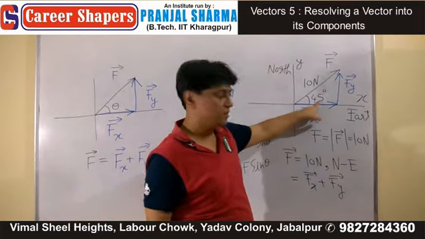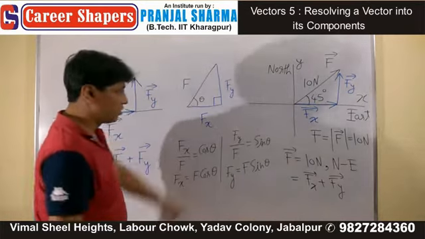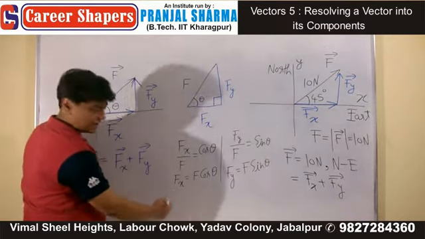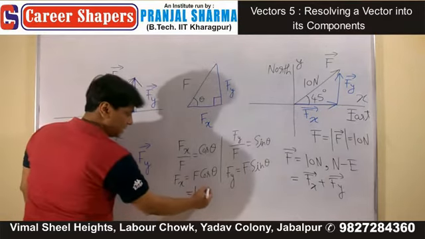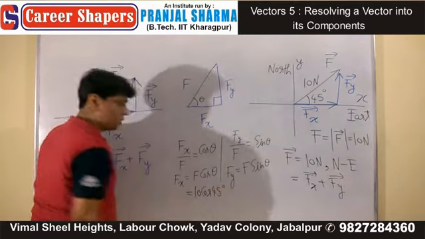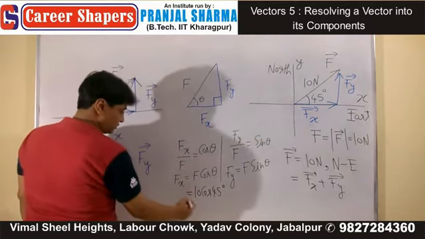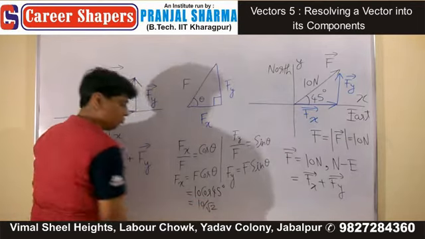What is theta? 45. That means for the given setup, your Fx is 10 multiplied by cos of 45 degrees. Everybody knows what cos 45 is. We'll write it as 10 by root 2.